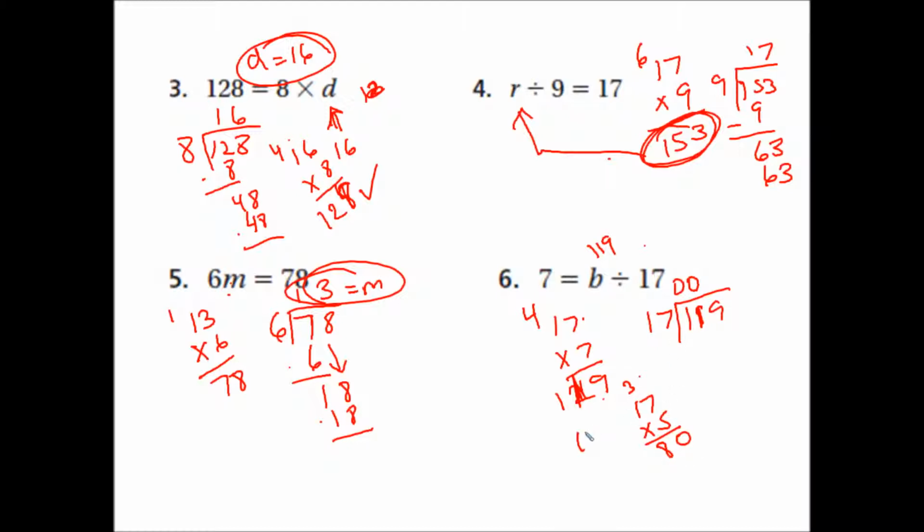So let's try 6. 102. That's pretty close. Let's try 7. 119. So that's perfect. So it does work. So b equals 119.